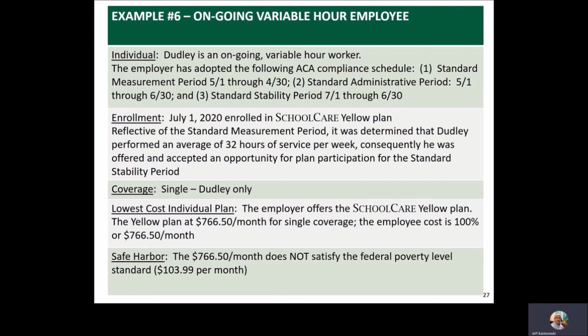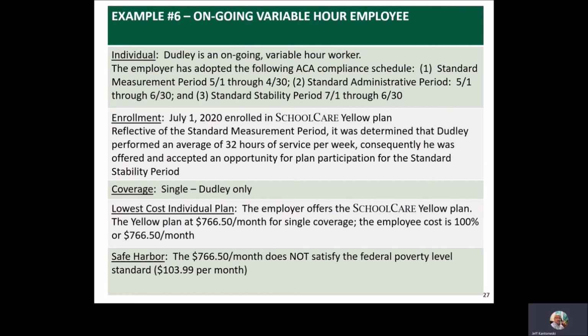A standard stability period July 1st through June 30th. On July 1st, 2020, Dudley enrolled in the School Care Yellow Plan. Within the standard measurement period, it was determined that Dudley performed an average of 32 hours of service per week. Consequently, he was offered and accepted an opportunity for plan participation for the standard stability period.